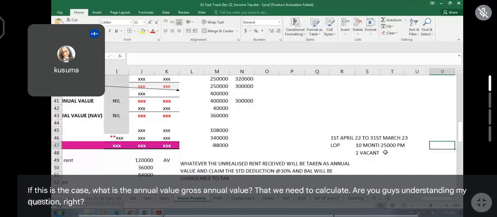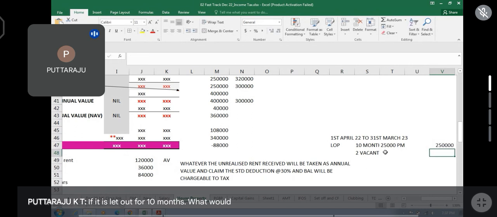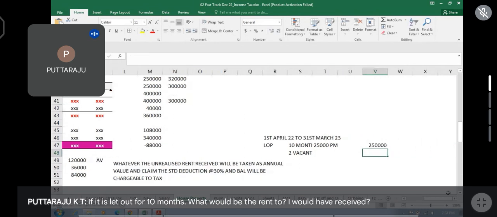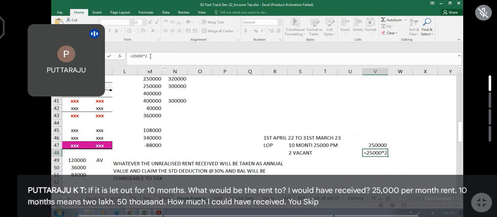Yes, sir. If it is let out for 10 months, what would be the rent I would have received? 25,000 per month rent. 10 months means 2,50,000. How much could I have received if the property had not been vacant?